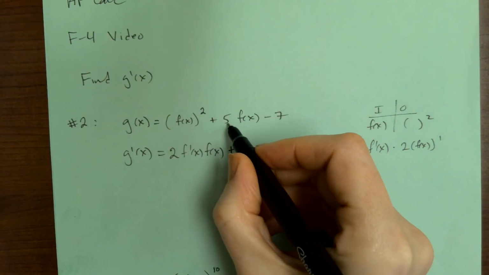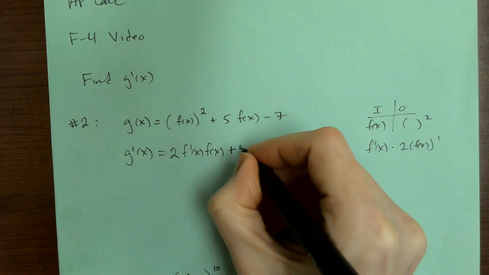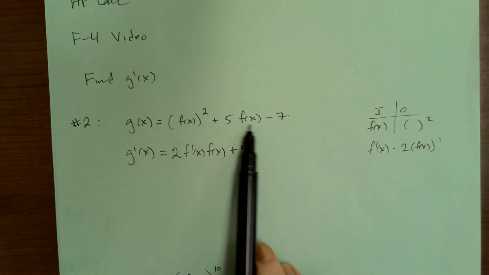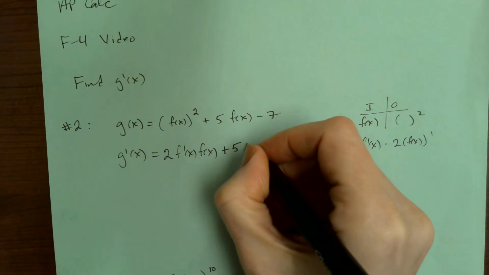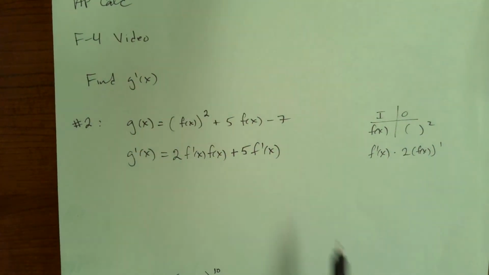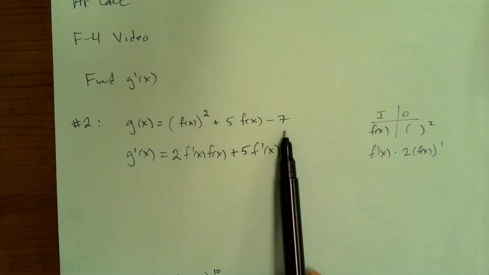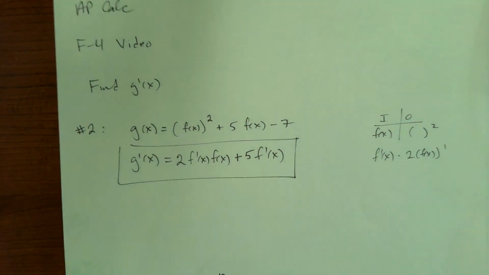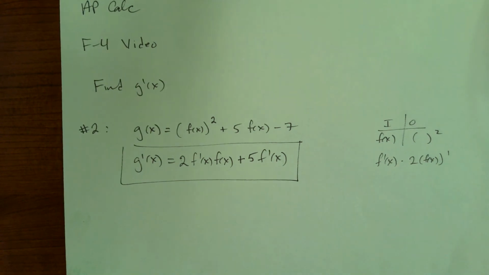So in this case, this is just a constant multiple. You just bring it down. So the 5 comes down. The derivative of f of x is f prime of x. The derivative of 7 is 0, because that's a constant. All right, that is number 2.